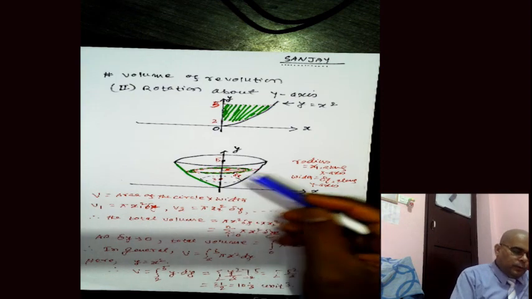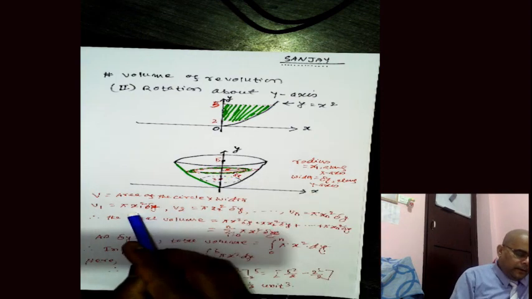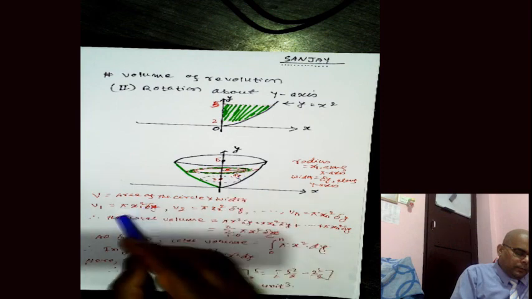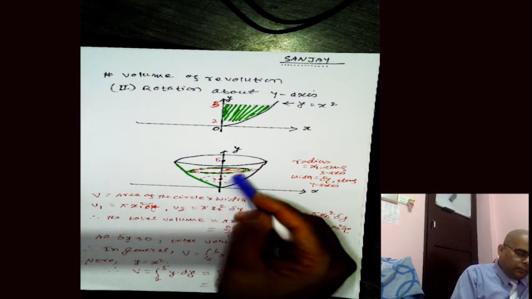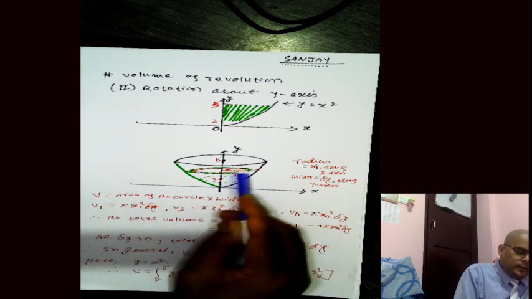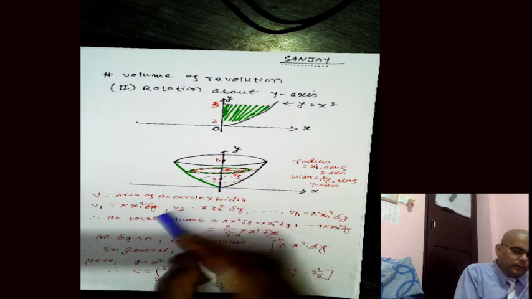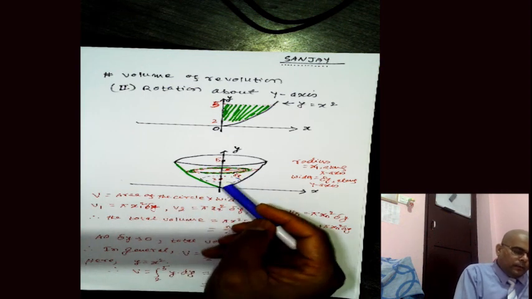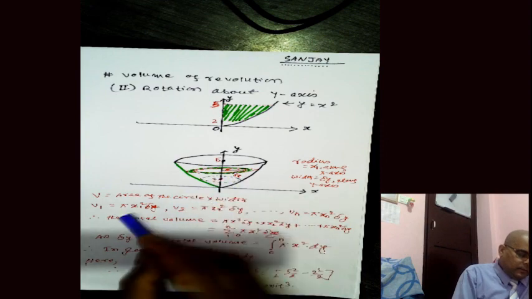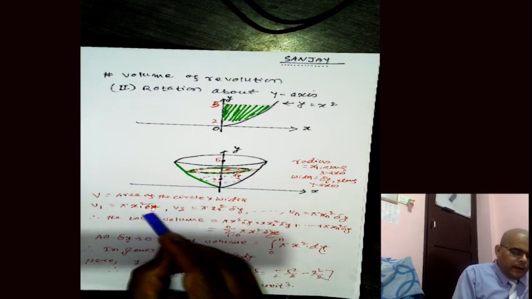So V1, the area is pi r squared, so pi x1 squared if you consider this radius as x1, and the width as delta y. So the volume of the first circular disc in this case is pi x1 squared delta y.